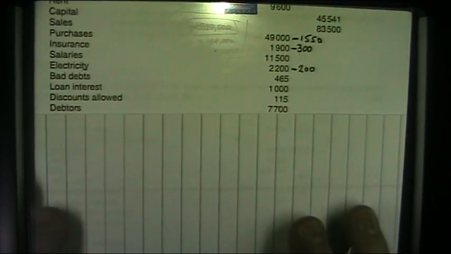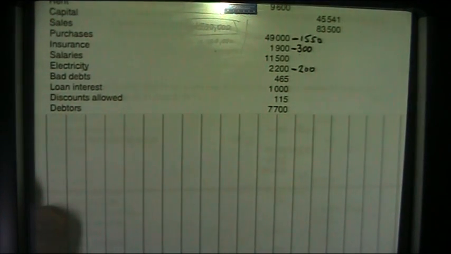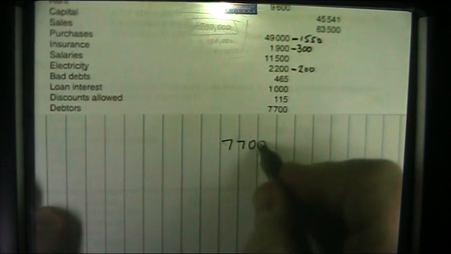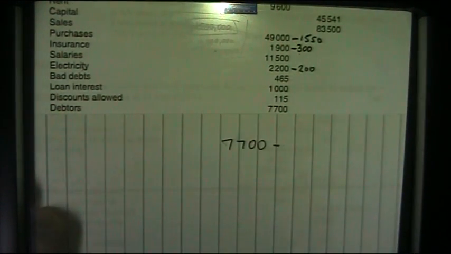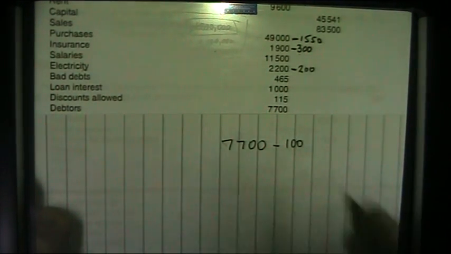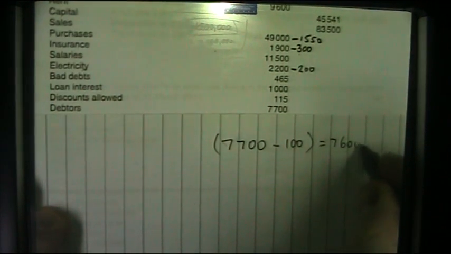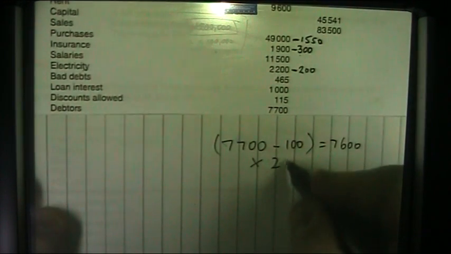There's our debtors there. Okay, so remember the calculation. We've got to do our specific debt, which is 100. So we go 7,700. That's our debtors figure. Minus off the specific debt of 100. Let me double check that was 100, wasn't it? Yep, it was 100. Okay, so we get 7,600, and then I need to times it by 2%.